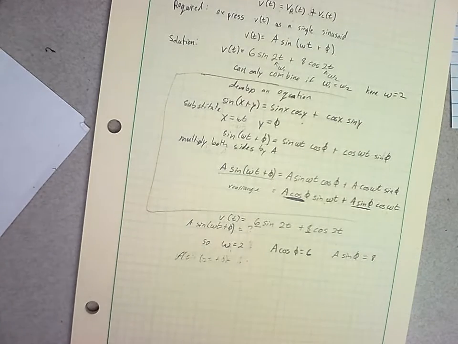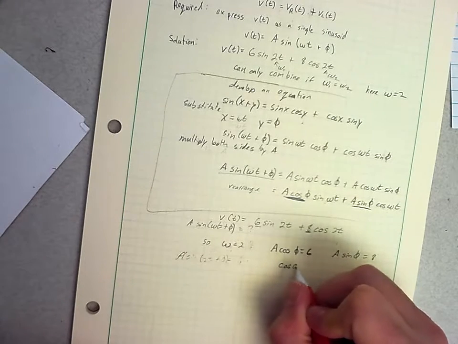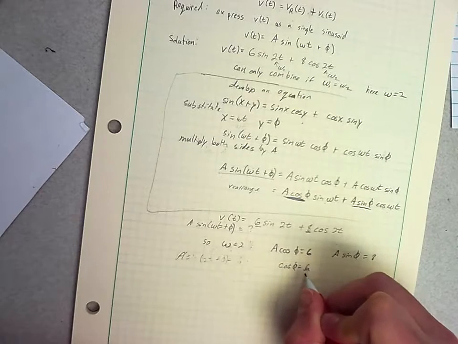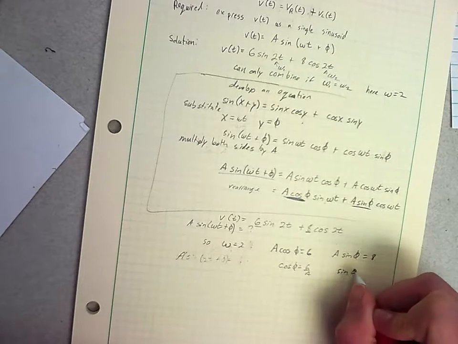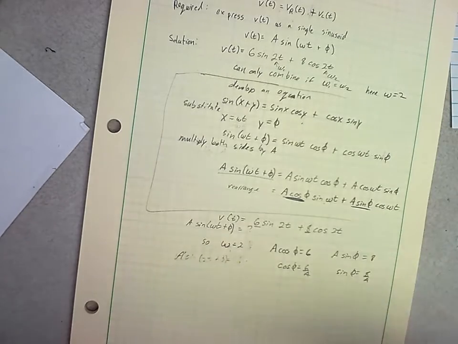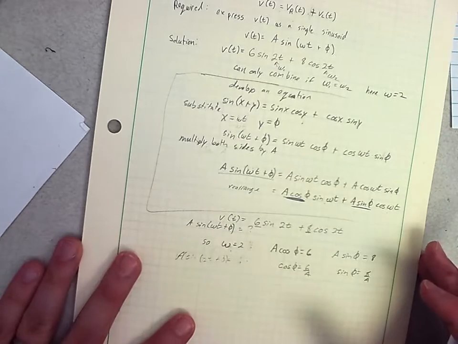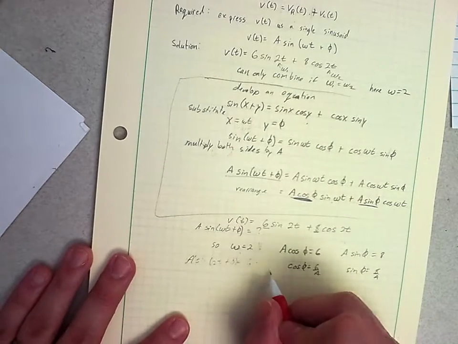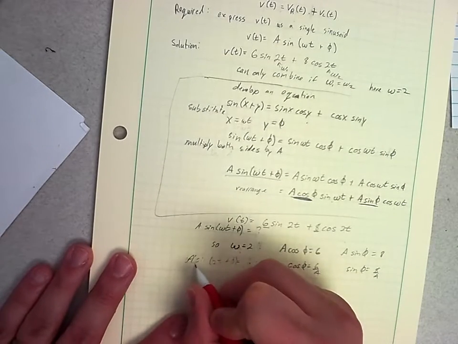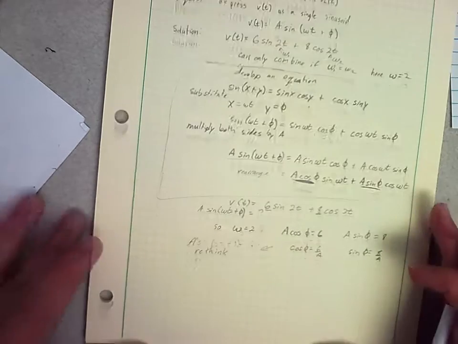Well, how would I ever solve that? Well, let's think about that a minute. What this really says is that cosine phi is 6 over A, and that sine phi is 8 over A. Again, we have to kind of imagine what these things look like. We kind of rethink things. We're engineers.